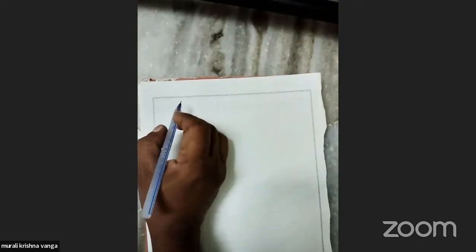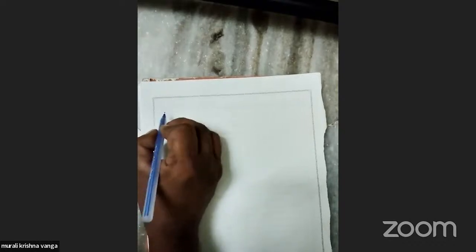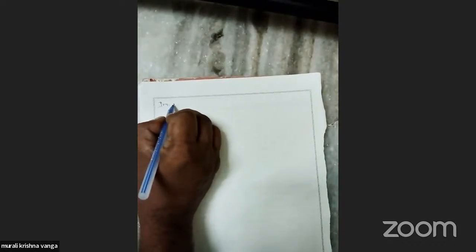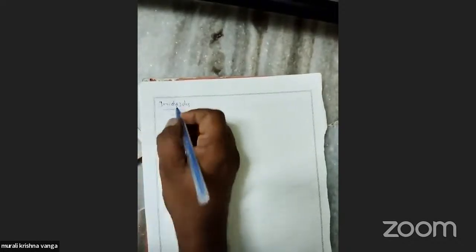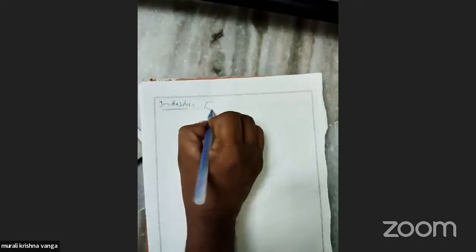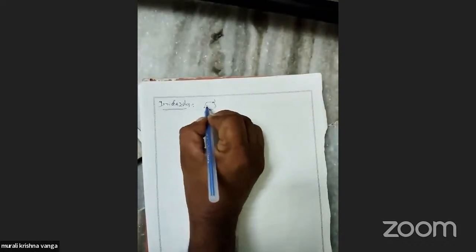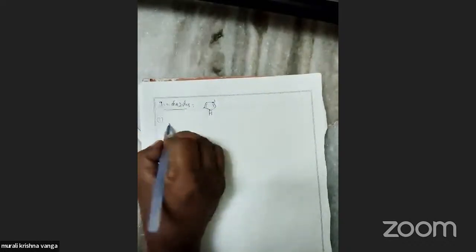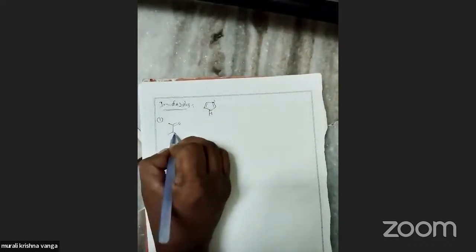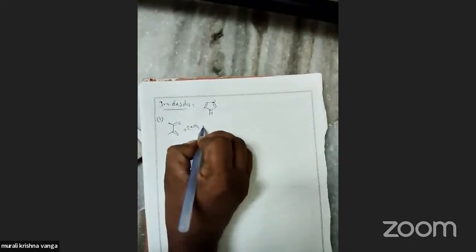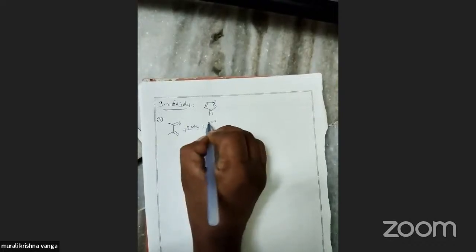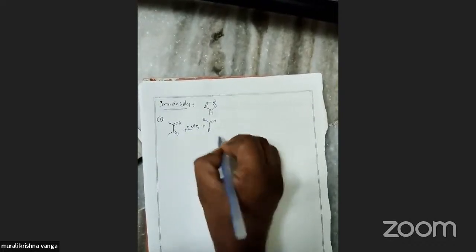Next one is imidazole. Synthesis of imidazole from 1,2-dicarbonyl compounds with 2 moles of ammonia and an aldehyde.